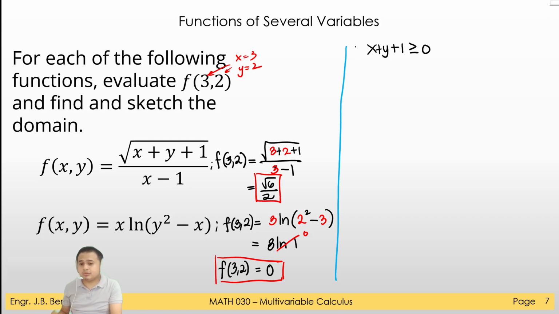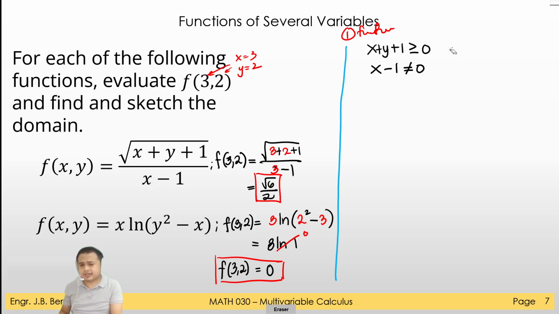And then that is for the first function, okay? For the second condition, we want the denominator to be not equal to 0. So x minus 1 is not equal to 0. You don't need to simplify this anymore, but we can write this in a different way if you want.